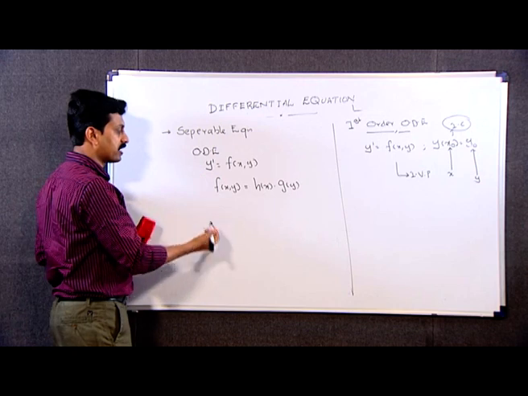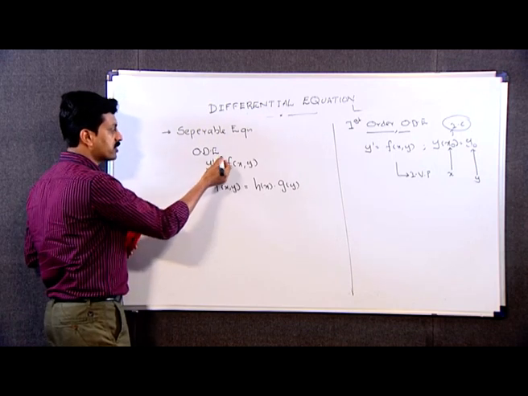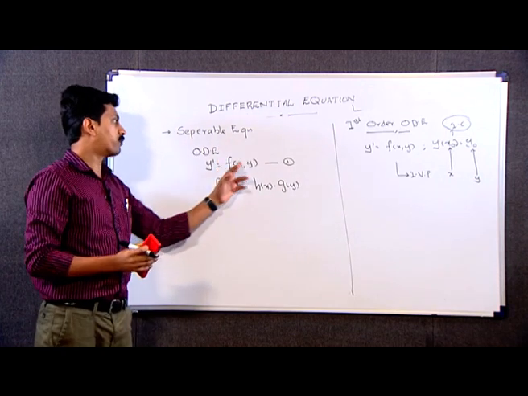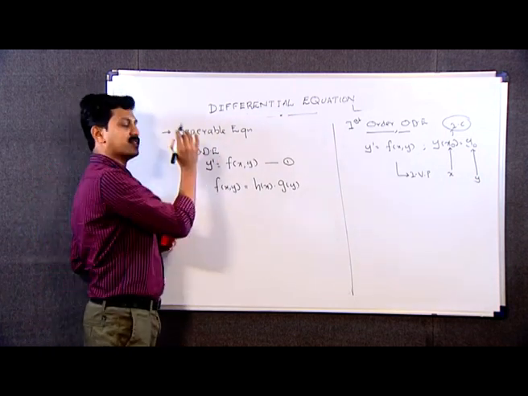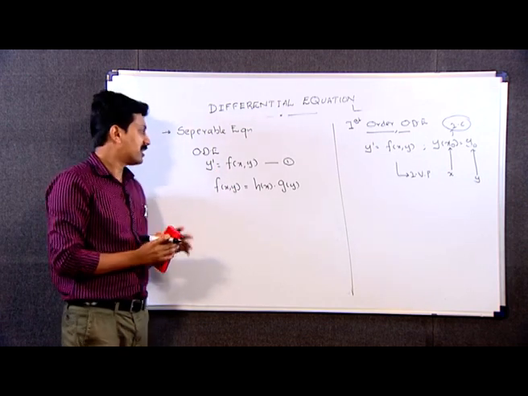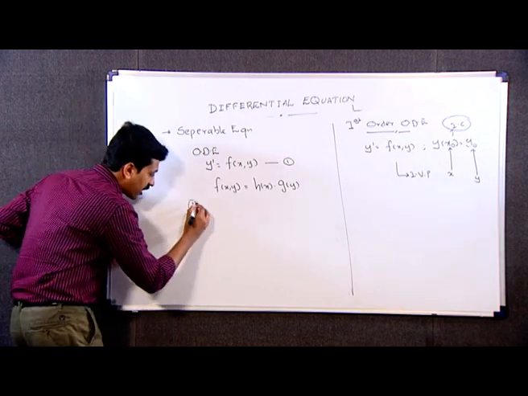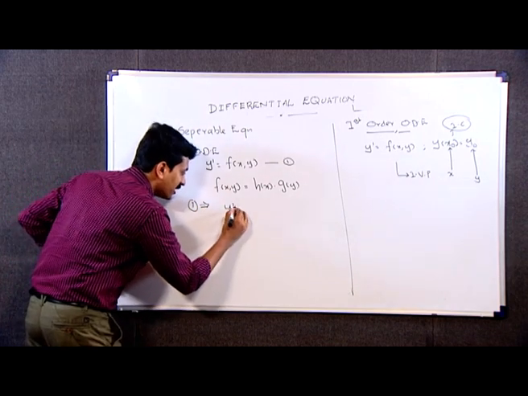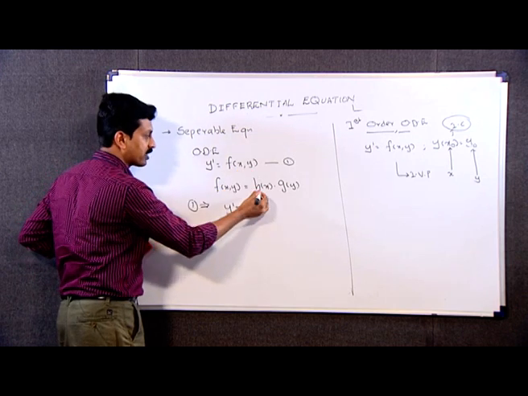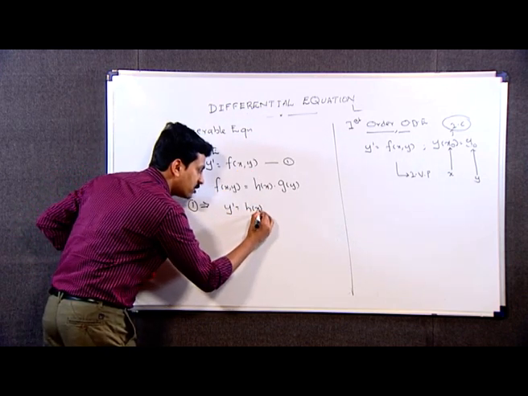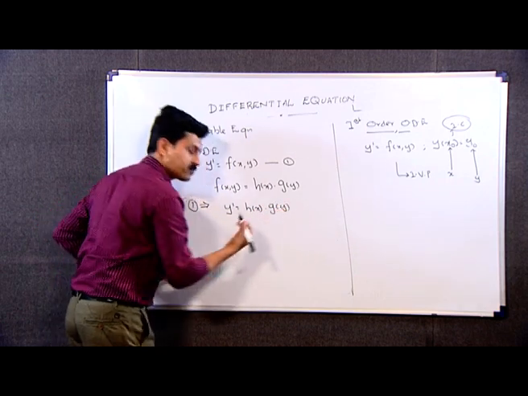Then y dash is equal to f of x y is a separable differential equation. So we can write y dash is equal to h of x into g of y.